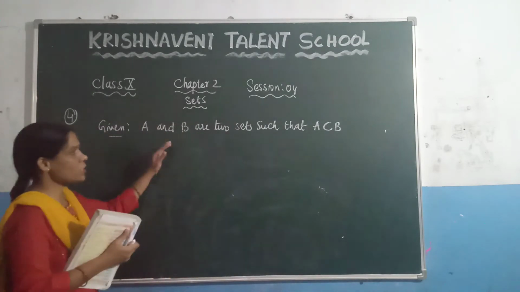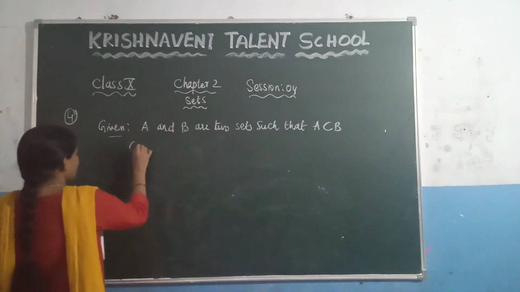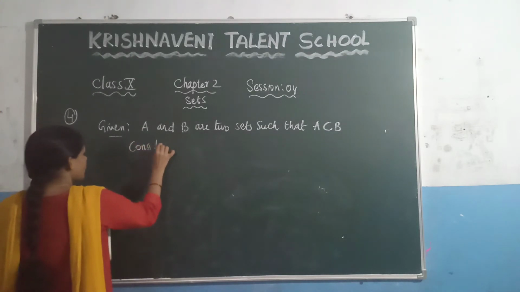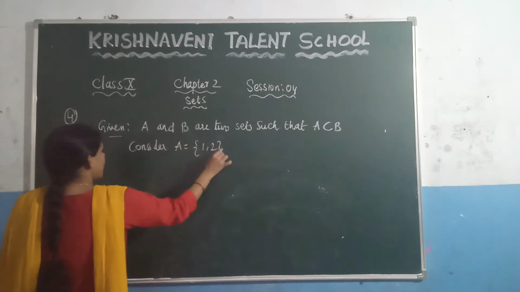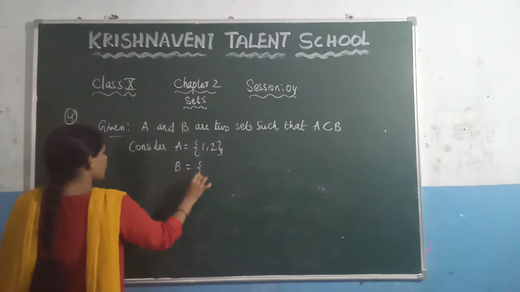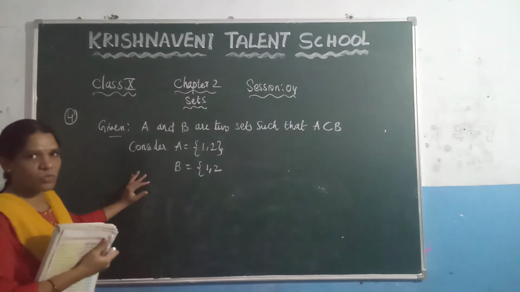So based on this condition, let us consider two sets. Consider A equal to {1, 2} and B equal to {1, 2, 3}. Because what is meant by A is a proper subset of B?